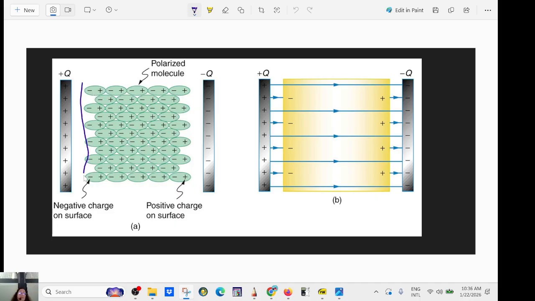So this side here will be negative. You see, you have all negative. Here you have plus, minus, plus, minus, plus, minus, plus, minus, nothing happened, and you are left here with a positive. So the dielectric is going to generate an electric field on its own, this way.